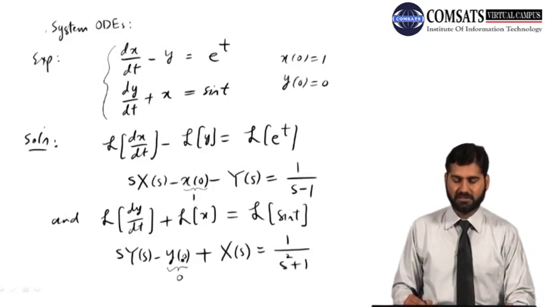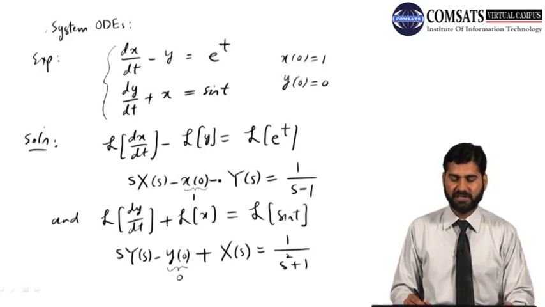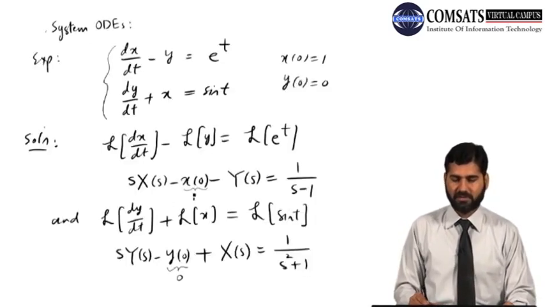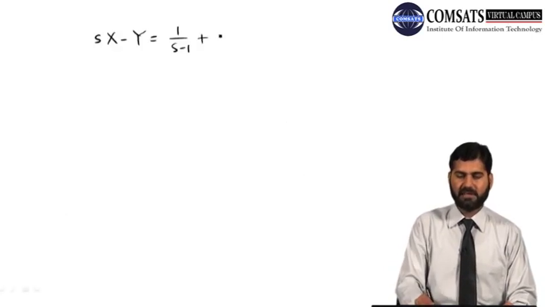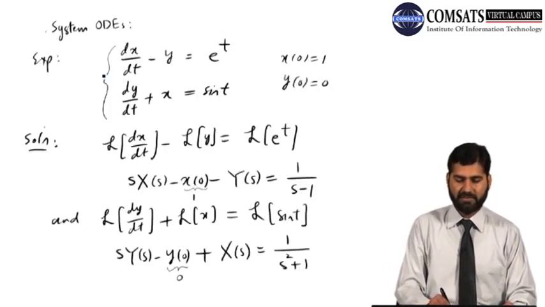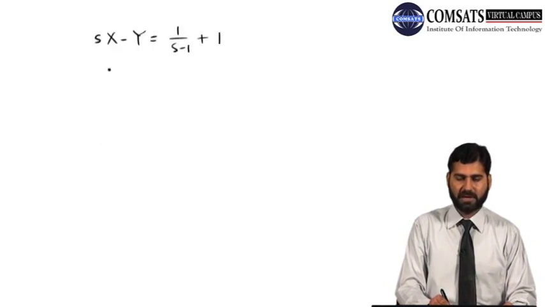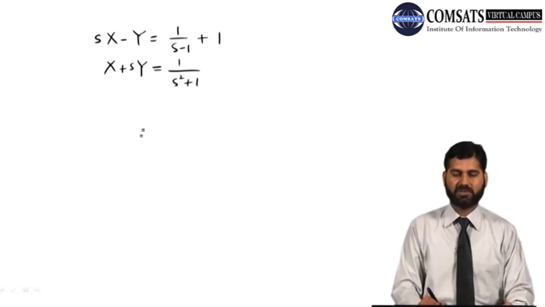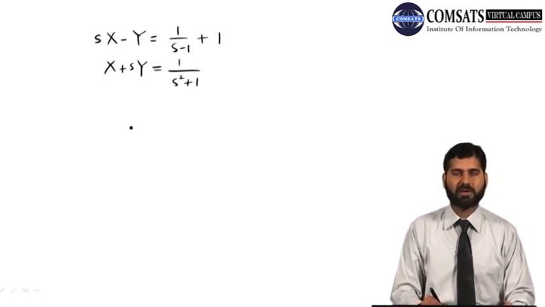So this is gone. So you got a system: sX minus Y is equal to 1 over s minus 1, and this 1 will be added on the right hand side. And then you have X plus sY is equal to 1 over s square plus 1. So you see, you got a system of algebraic equations in X and Y, right?